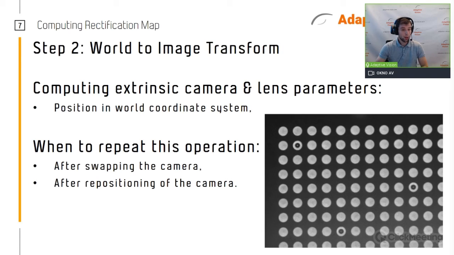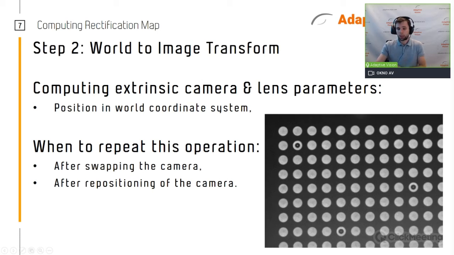And once again, when should we repeat this operation? We should repeat it every time we change the camera position, every time the camera is bumped or some other problem with the mounting element appears. Also, when the distance to the working plane changes, in that case as well a world to image transformation should be computed.